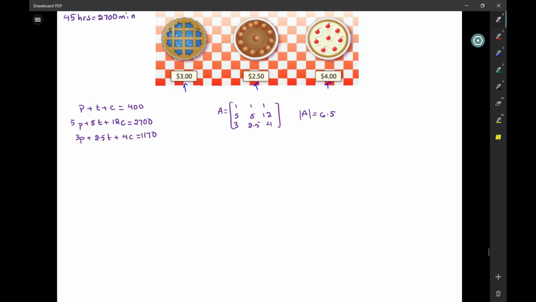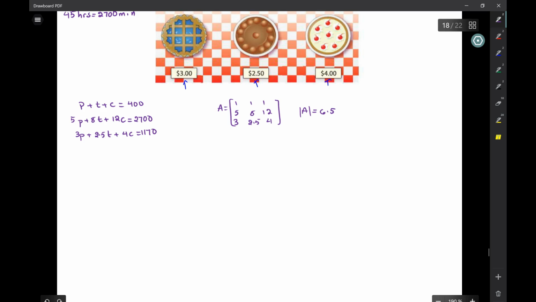All right? Now I need A sub P. So I'm going to substitute the constants for the first column, and then put in the rest.